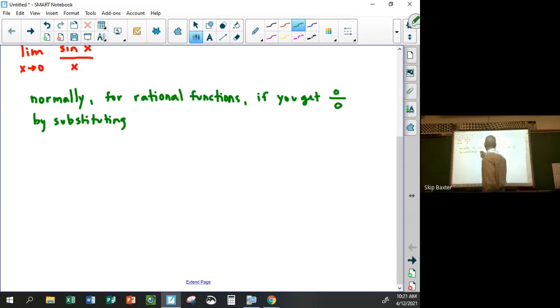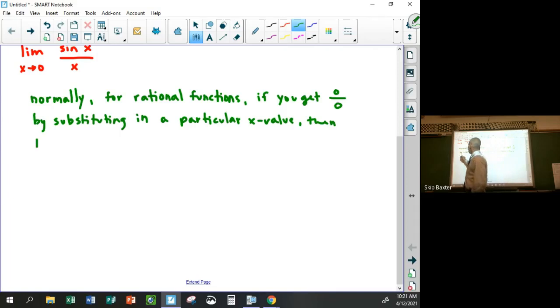By substituting in a particular x value, then the function has a hole at that x value.